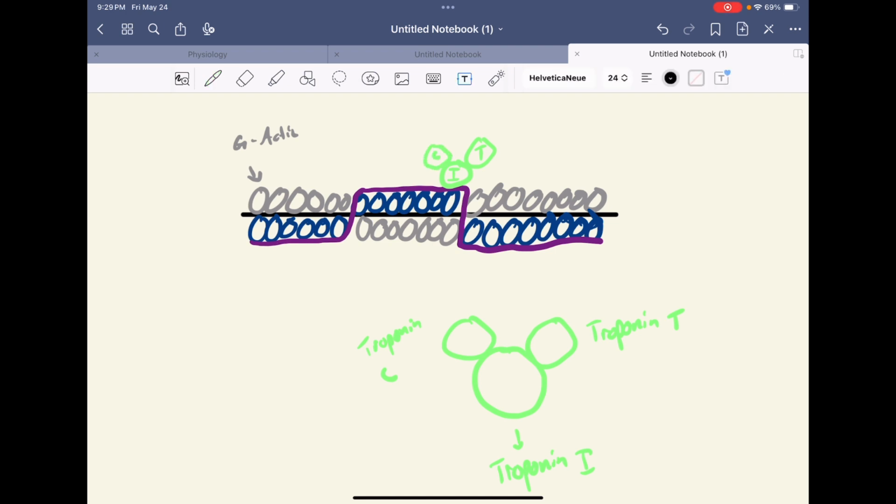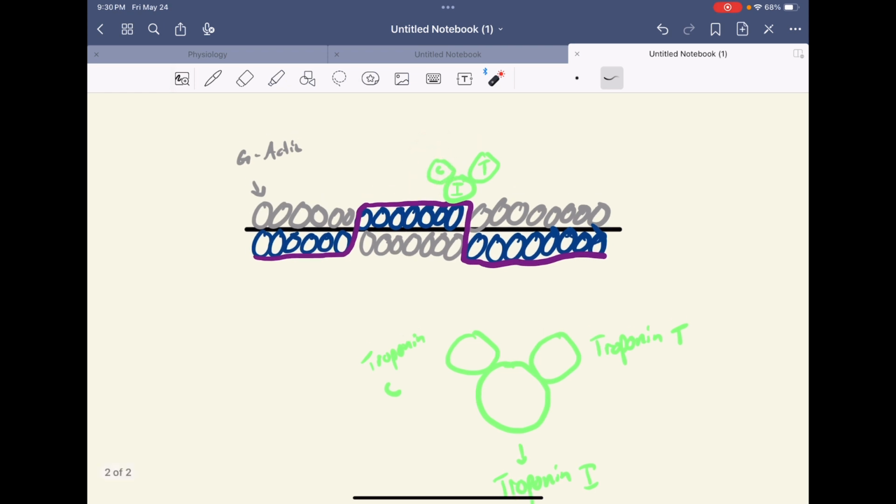As this troponin I binds to the tropomyosin, it moves it out of the way and allows myosin to bind. The troponin T is what will grab onto that tropomyosin and move it. And then this here, troponin C, has 4 binding sites.